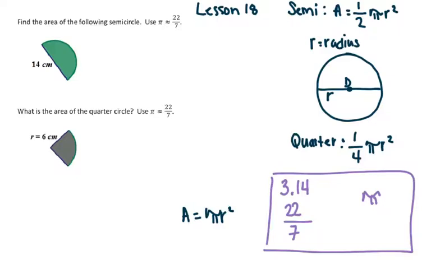Now, I want us to remember two things. I want us to remember that this is a semicircle, so we are using the equation A equals 1/2 pi r squared, because that's how we find the area of a semicircle. And we're also paying attention to the fact that when we find the area, we need to know the radius. And remember that the radius is halfway across the circle.